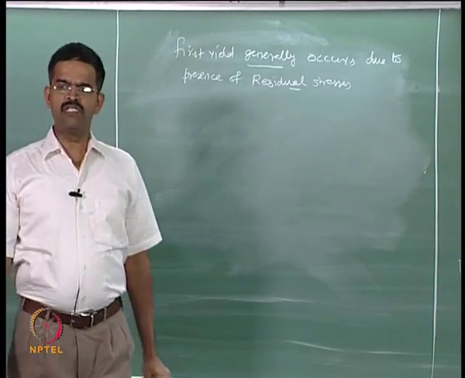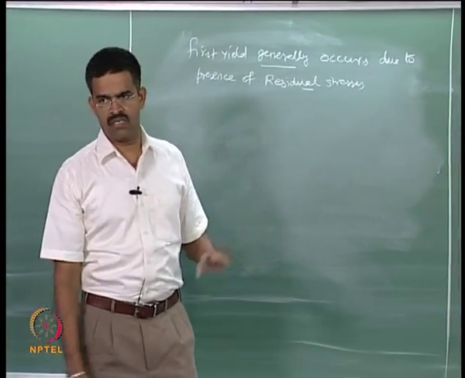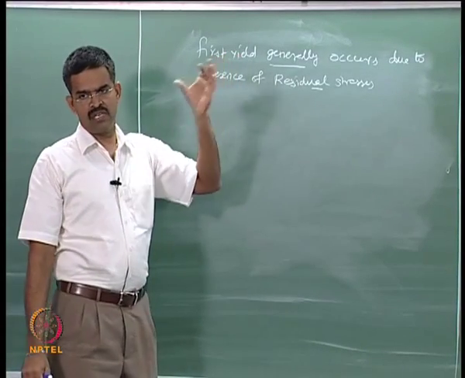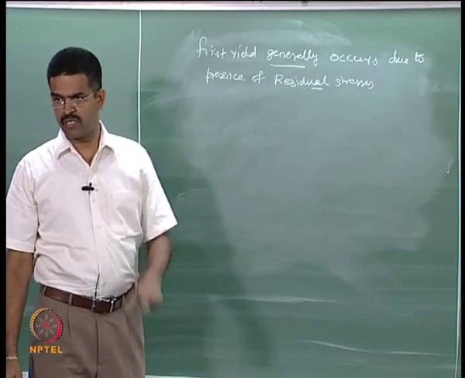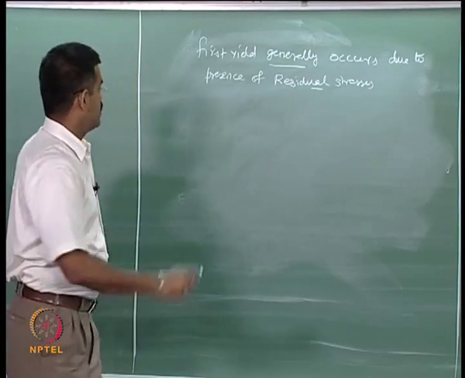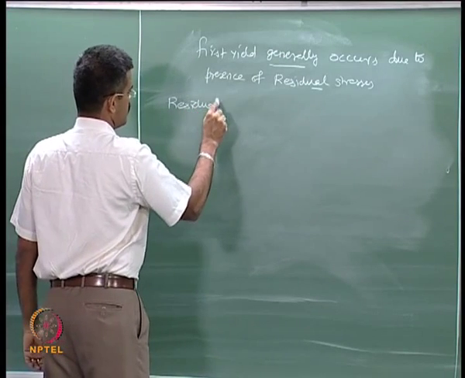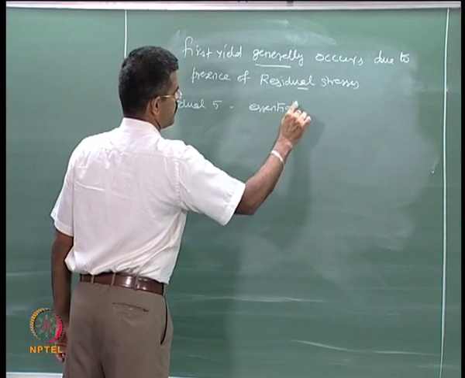The presence of residual stresses in marine construction or marine structures triggers off the formation of the first yield point. Now, let us quickly throw light on what residual stresses are, how they come about. Residual stresses essentially come from the following.